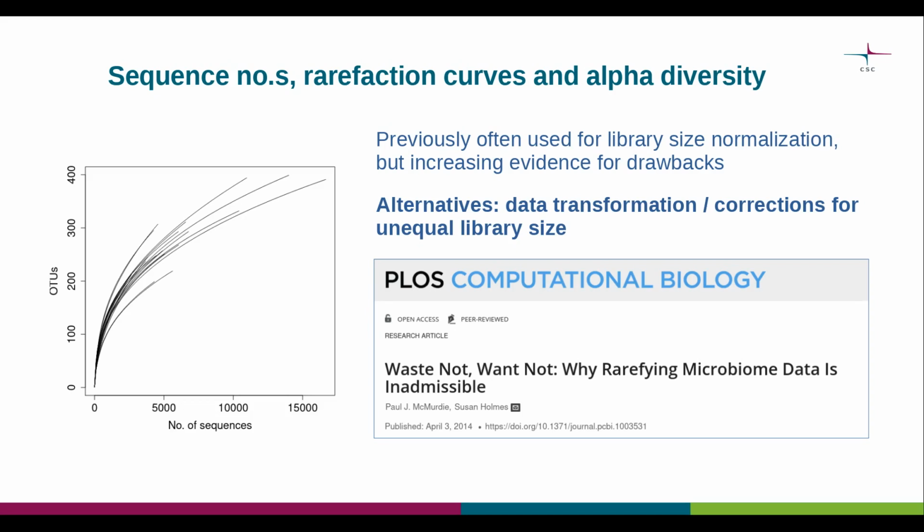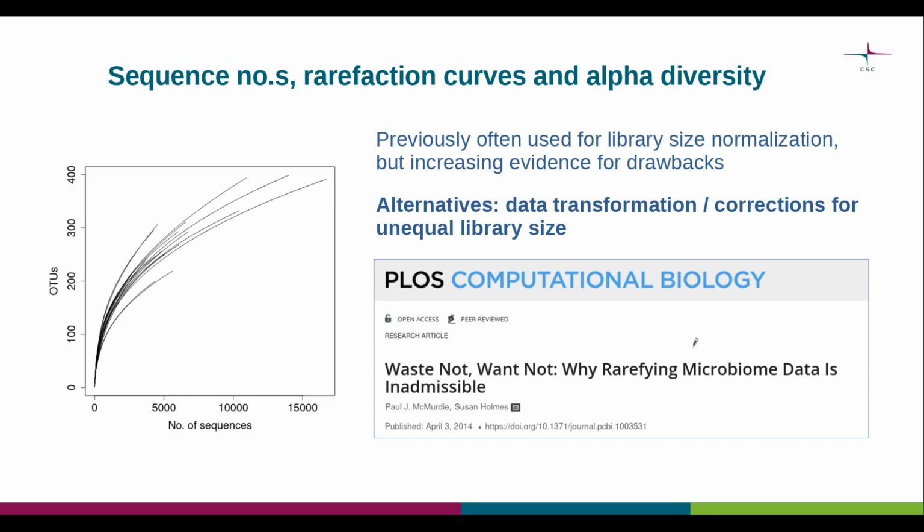If you're interested in finding out more, I would suggest looking up a very often cited paper published in the journal PLOS Computational Biology in 2014 by Paul McMurdie and Susan Holmes.